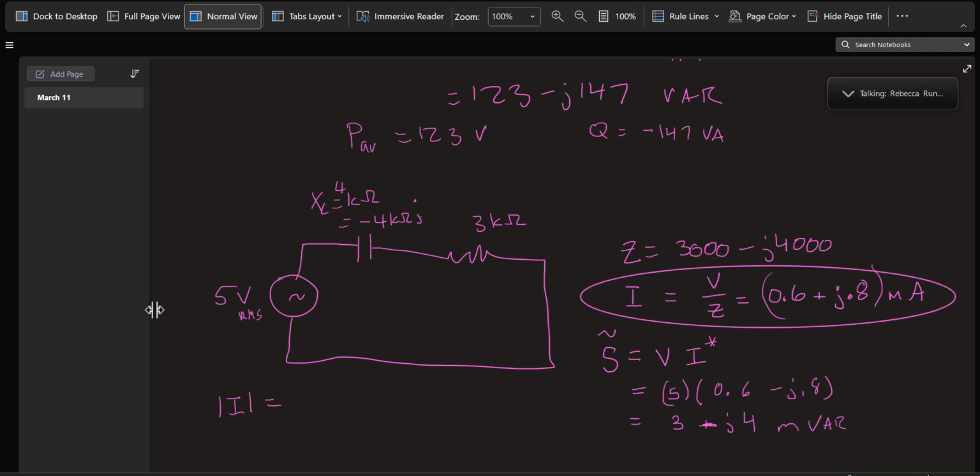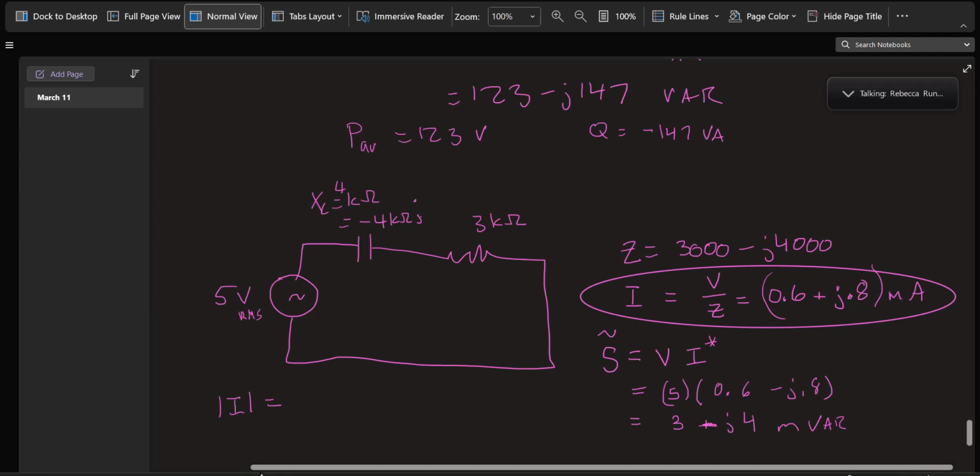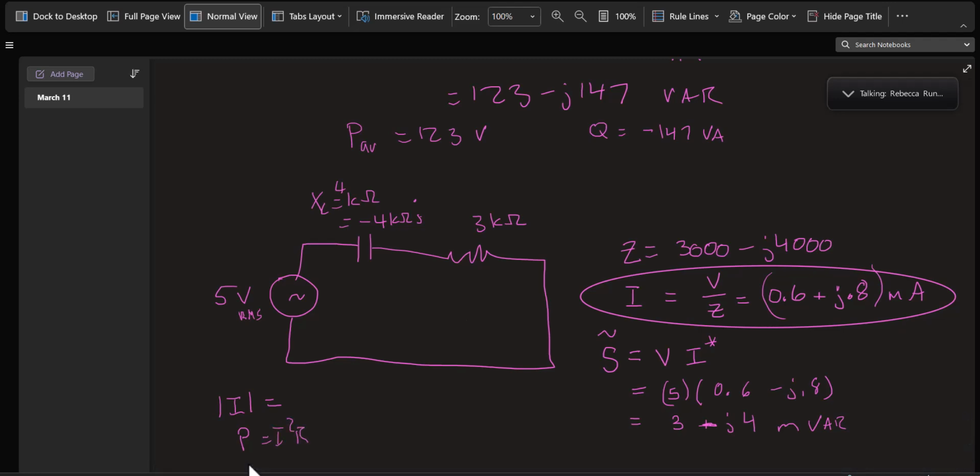If I wanted to use the formula that has power is I squared R, I want to use real average power is I squared R. That's not the complex power, that's the magnitude of the complex current. So what would that be? Yeah, so it's 1 milliamp, so 0.001 amp.